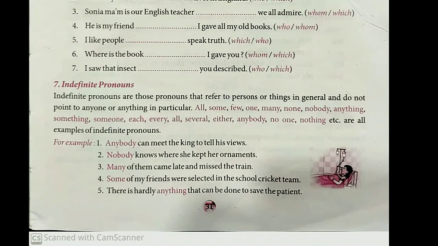The seventh type is indefinite pronoun. Indefinite pronouns are those pronouns that refer to persons or things in general and do not point out anyone or anything in particular.